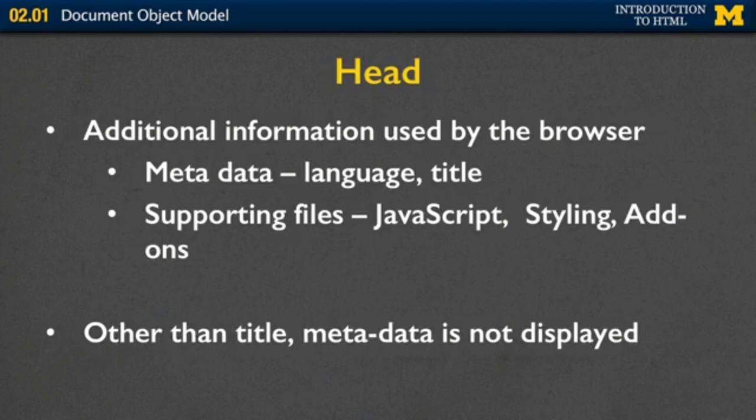Later, you might want to add supporting files as well. You might want to have CSS files that will style your page, or JavaScript that can add different interaction, or really any type of add-ons that's going to change the way people view and interact with your site. Other than the title, the metadata is not displayed. People will not see it.